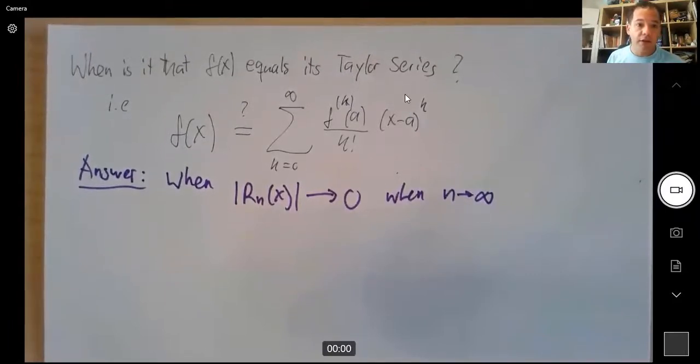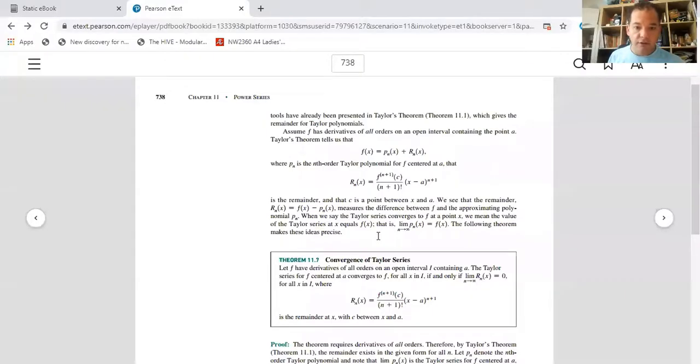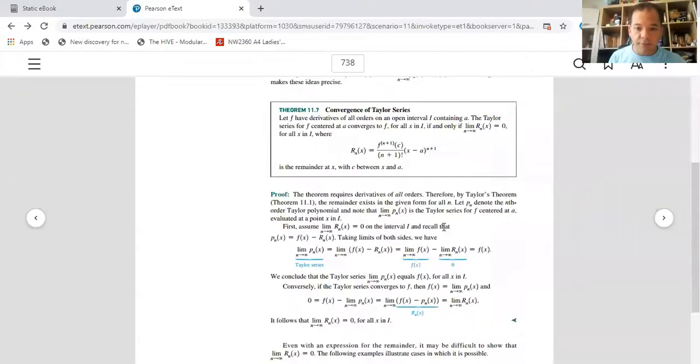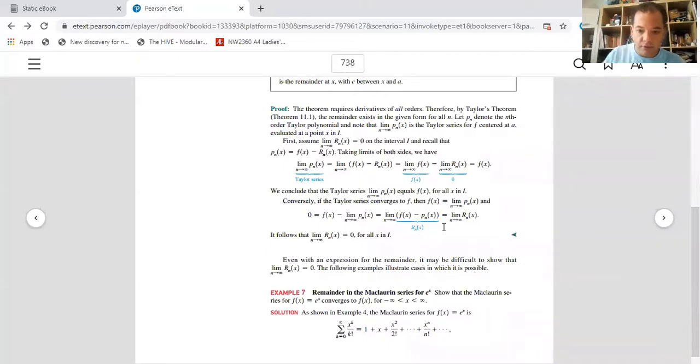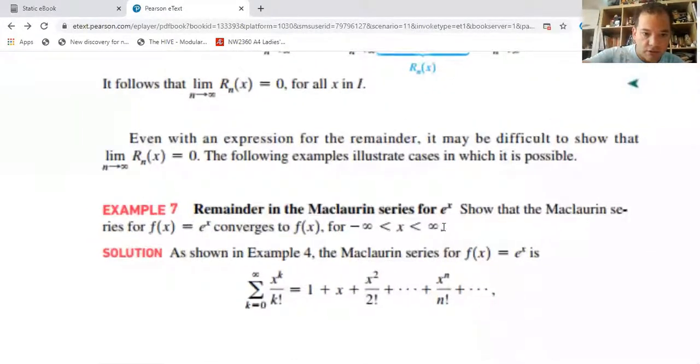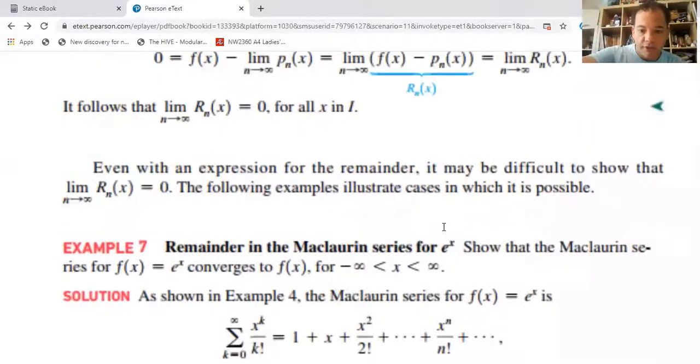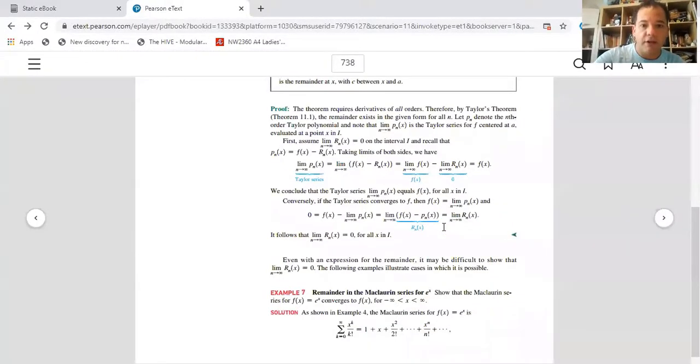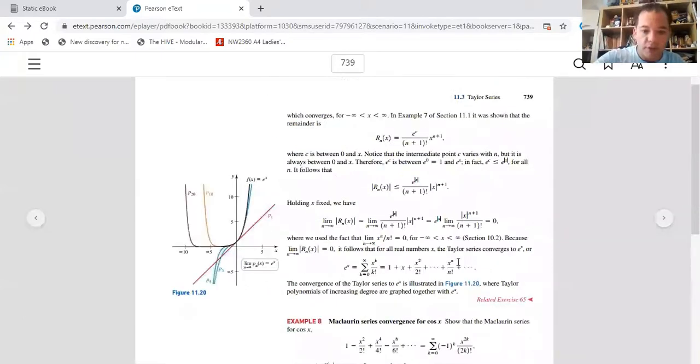So let me show you the page in the book. We did example 7 already, so now we're gonna do example 8. That's the next page right here.